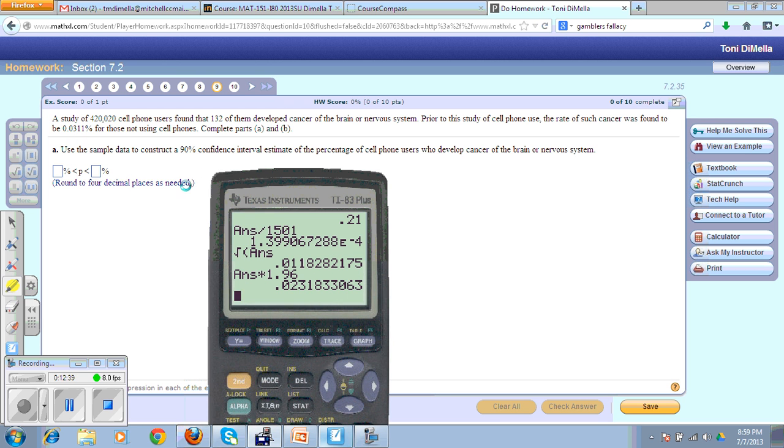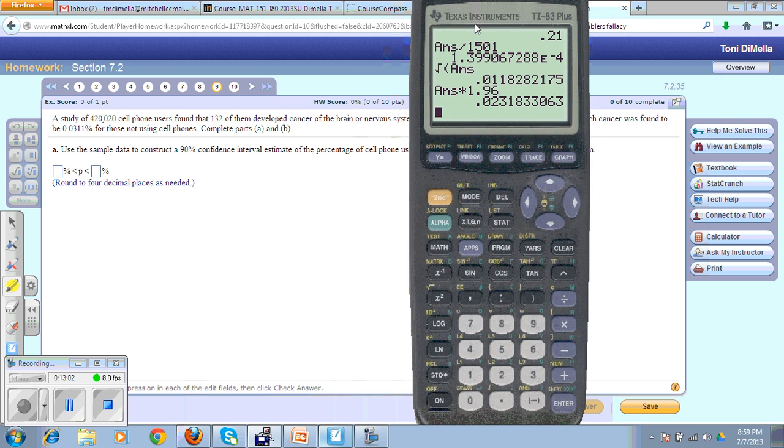So they said, all right, construct a 90% confidence interval to find out what's going on now based on this study. And this one will be easier to do in the calculator because it doesn't say 70% of people you polled, or 68% or 59.3%. It says 132, a hard count.